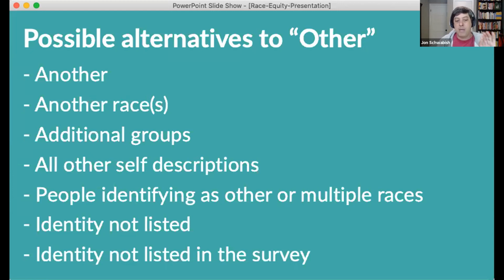People identifying as other or multiple races, that is technically true when they check that other box. They have identified themselves as that. So you don't want to start assigning labels to people that they haven't themselves chosen. The other category, which we're focusing on in this particular part, is a common challenge.